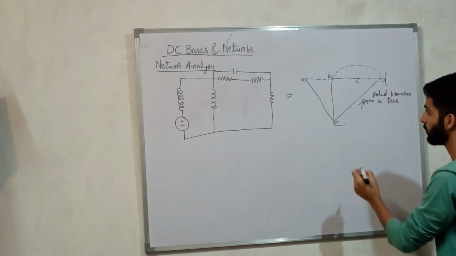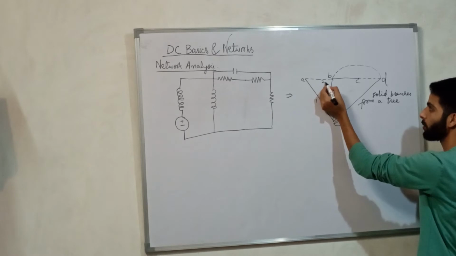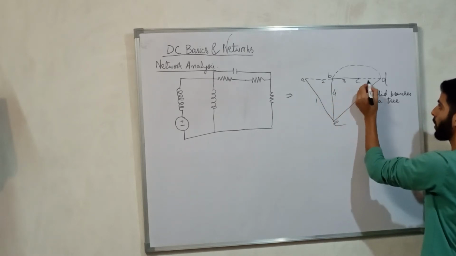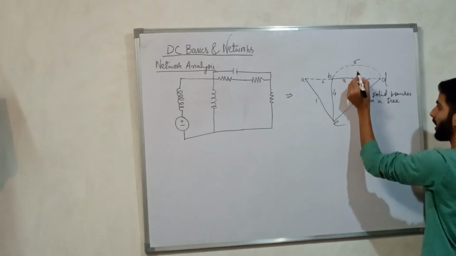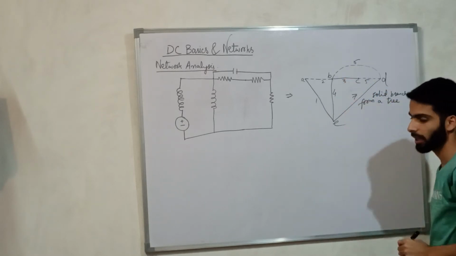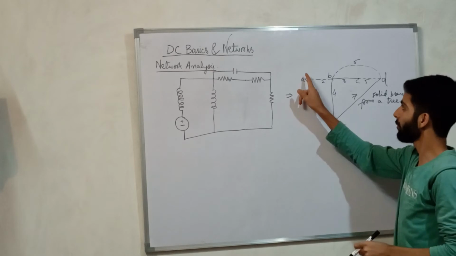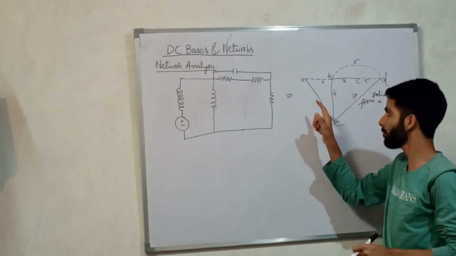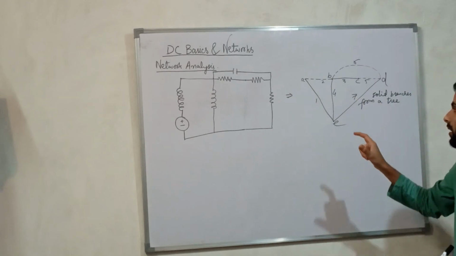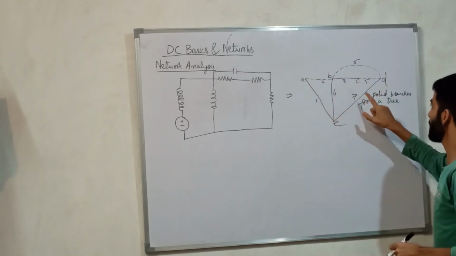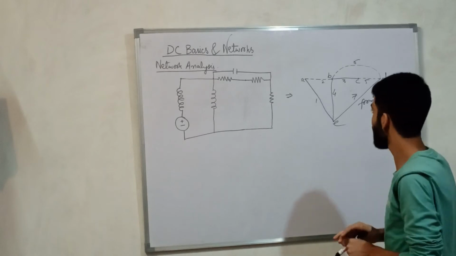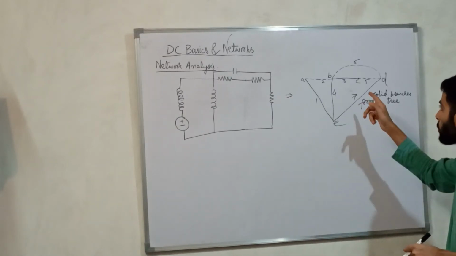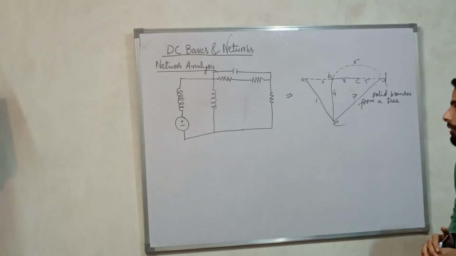Let us name them 1, 2, 3, 4, 5, 6 and 7. We have numbered the corners, the nodes, by A, B, C, D and E, and we are numbering the branches by the numbers 1, 2, 3, 4, 5, 6 and 7.